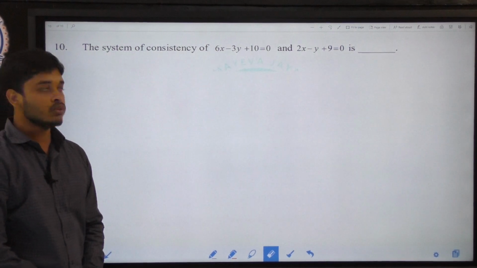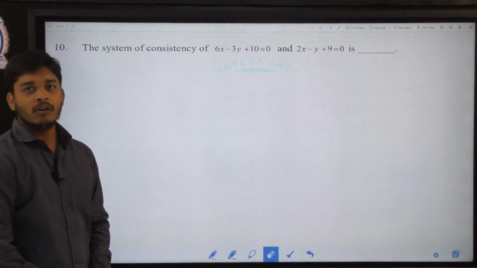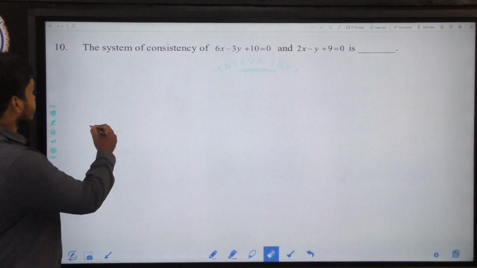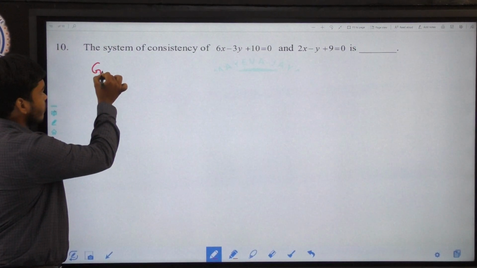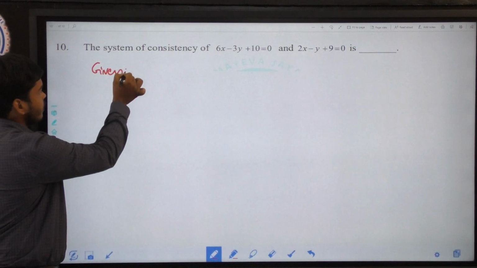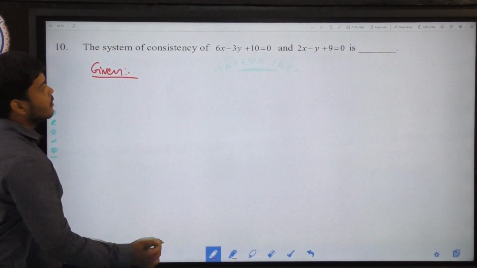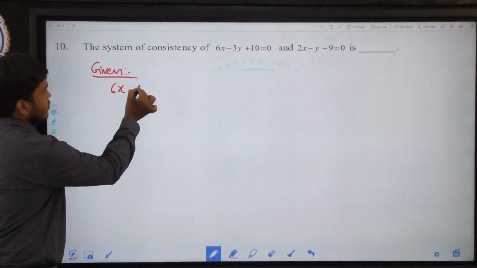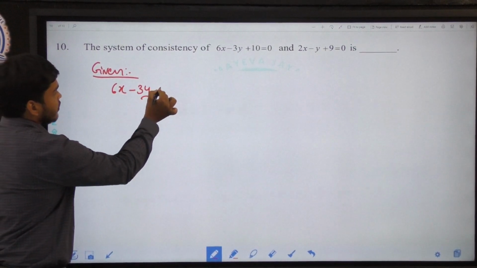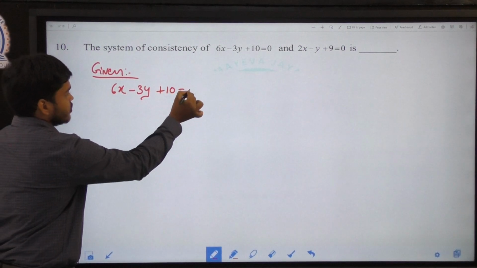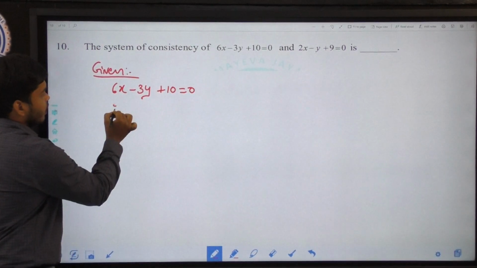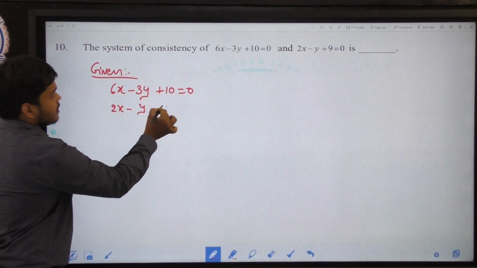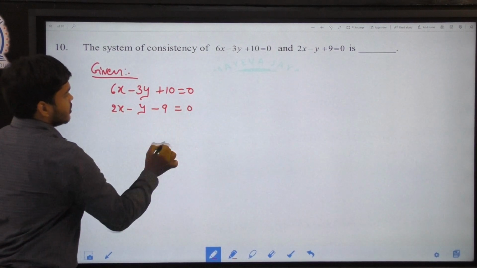It means those two are intersecting, coincident, or parallel. So the given equations are 6x minus 3y plus 10 equals 0 and 2x minus y minus 9 equals 0.